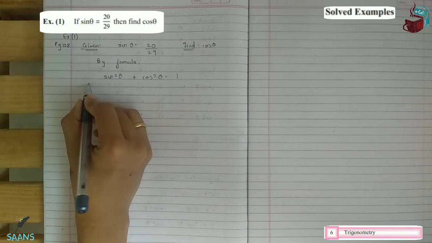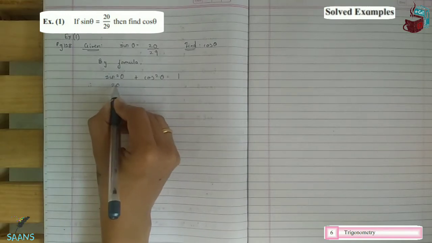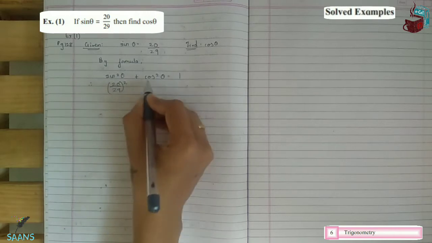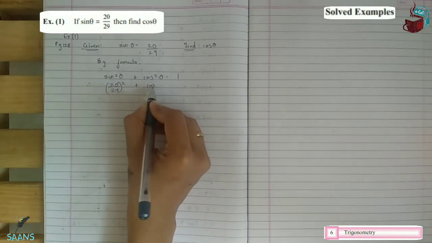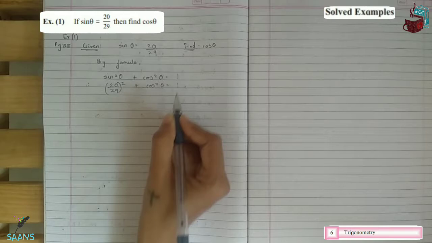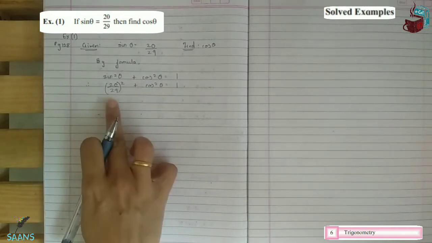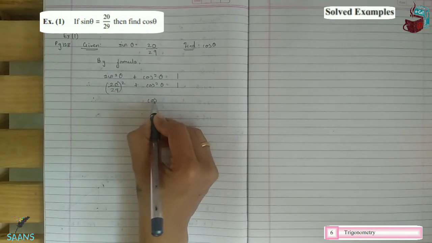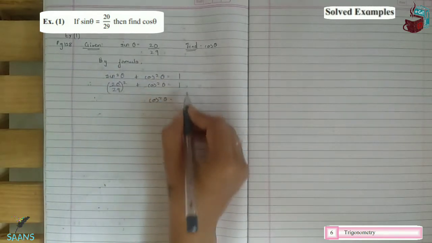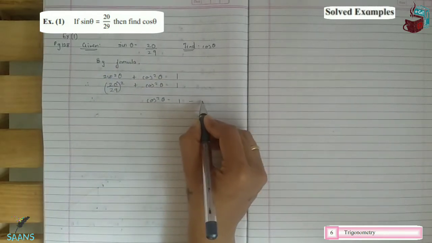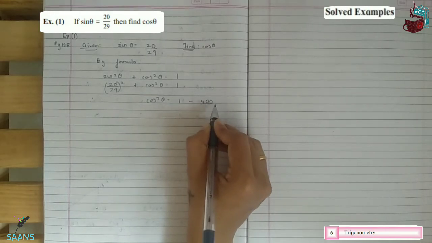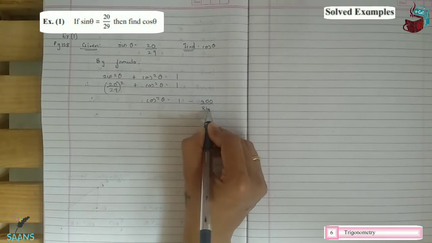Now substitute the value. Sine theta is given as 20 upon 29. Sine square it is, so this will also become squared, plus cos square theta is equal to 1. Keeping cos square theta here only, take the number on this side: 1 minus 20 square is 400 upon 29 square is 841.